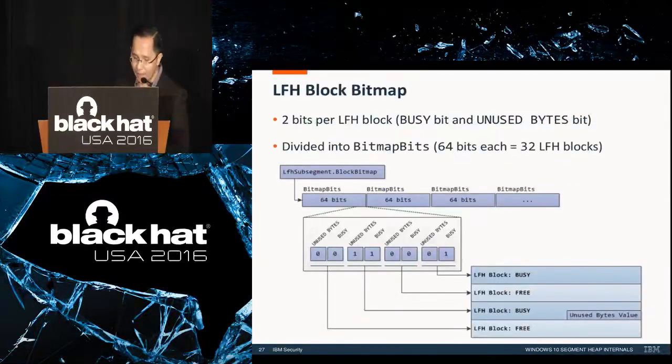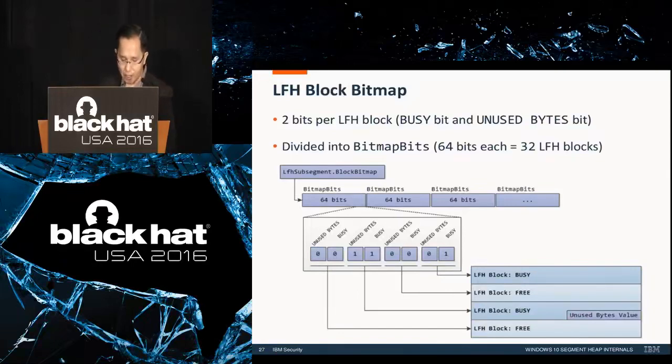Focusing on the LFH block bitmap, each LFH block in the subsegment is represented by 2 bits in the block bitmap. The first bit is the busy bit, and the other bit is the unused bytes bit. If the unused bytes bit is set, it means that there's a difference between the requested allocation size and the total block size, which happens due to the alignment to whatever the allocation granularity is.